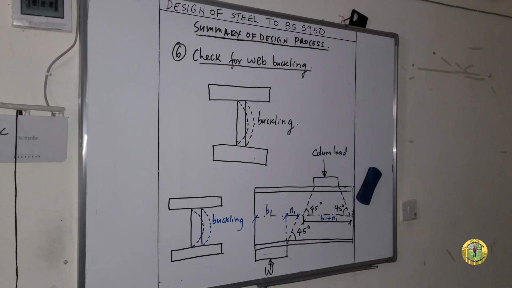According to clause 4.5.1 of BS 5950, the buckling resistance of an unstiffened web is given by Pw equals (B1 plus N1) times t times Pc, whereby B1 is the stiff bearing length of the support and N1 is equal to d over 2. Pc is the buckling compressive strength from table 27C of BS 5950.